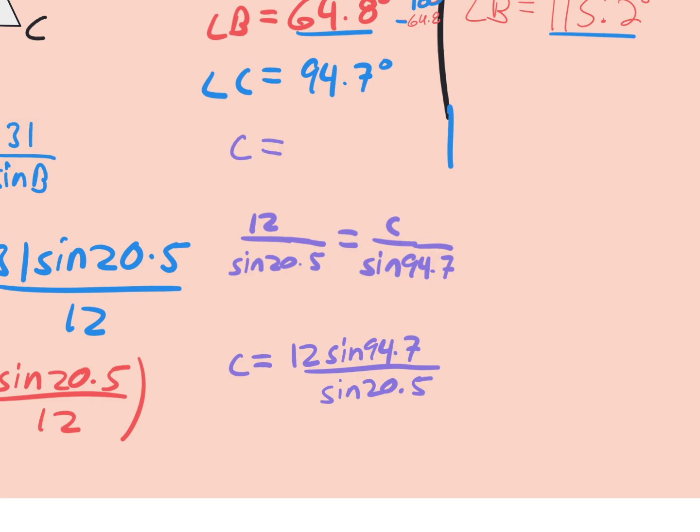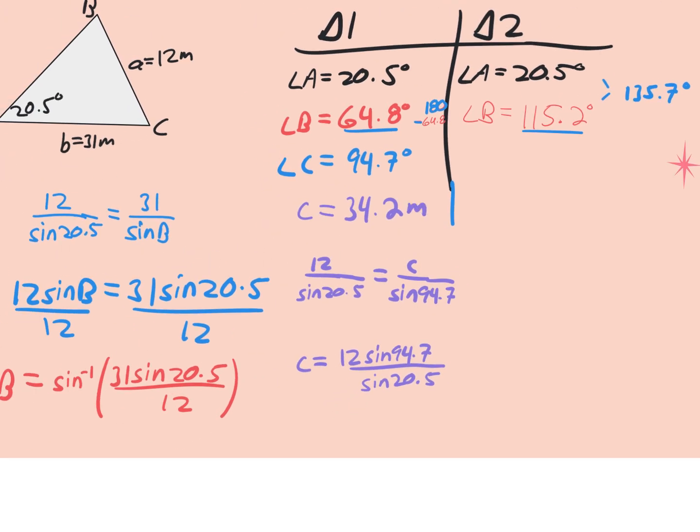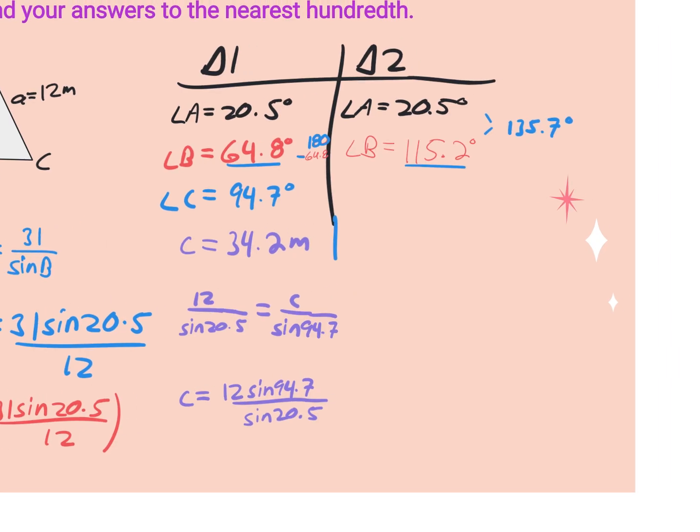Nice, 34.2, good. 34.2 meters. All right, so the first triangle is solved. We did that, all right? Let's do the same thing with the second triangle, all right? What's angle C of the second triangle?